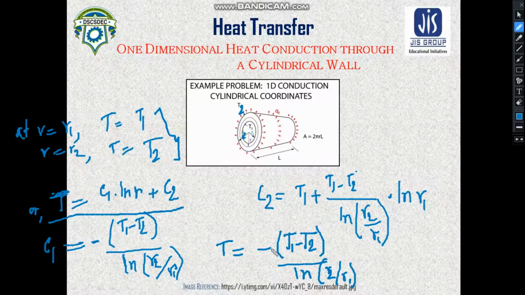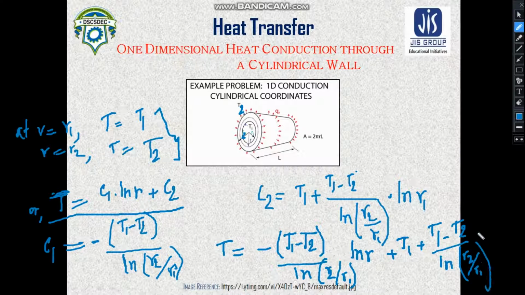It was very simple here. I am just putting all the values here, and C2 will be T1 plus T1 minus T2 divided by ln of R2 divided by R1, and here is a factor of ln R1.